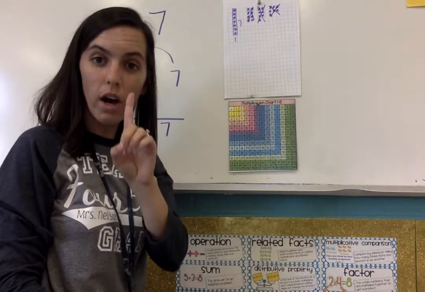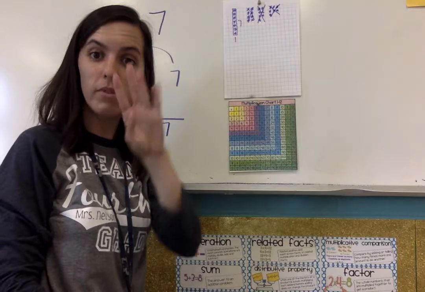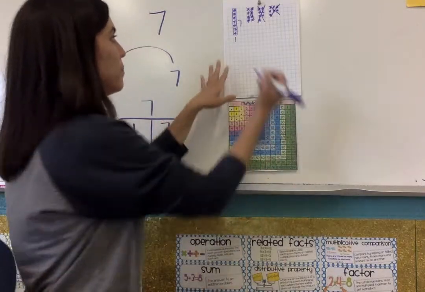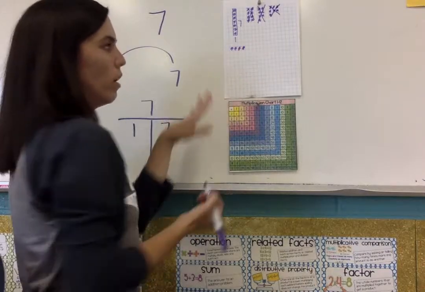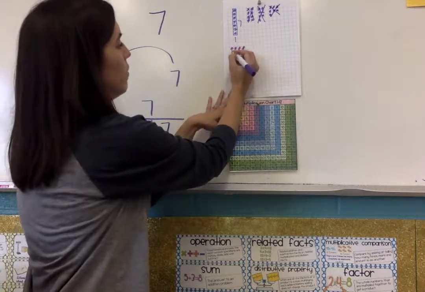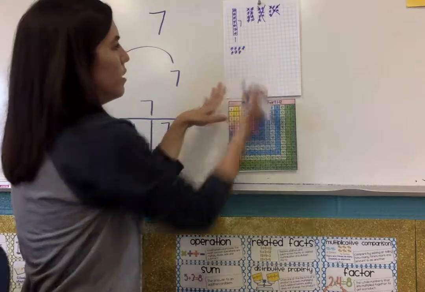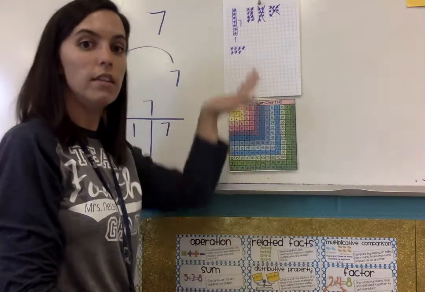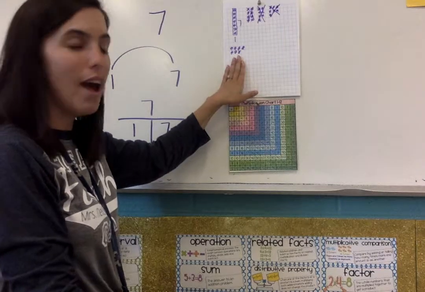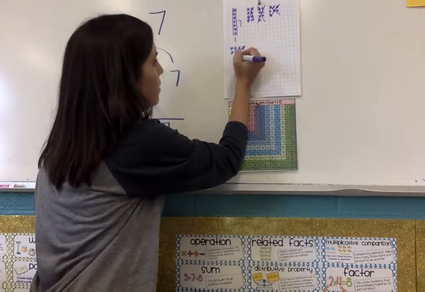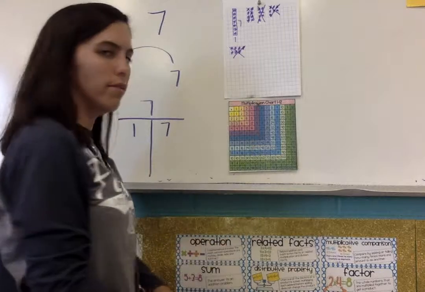Okay, so I did 1 column, 2 columns, 3 columns. Let me try 4 columns. 1, 2, 3, 4. 4 columns. 5, 6, 7. I shaded in 7 squares. Does this make an equal rectangle? No, it does not. 4 is not a factor of 7.